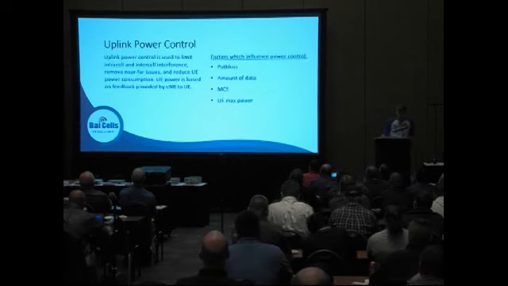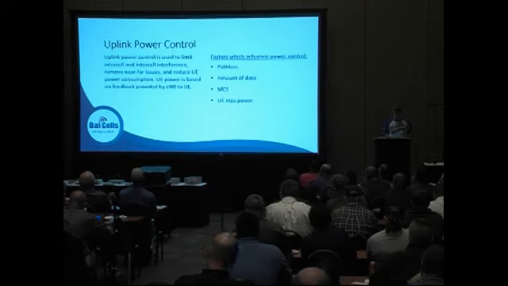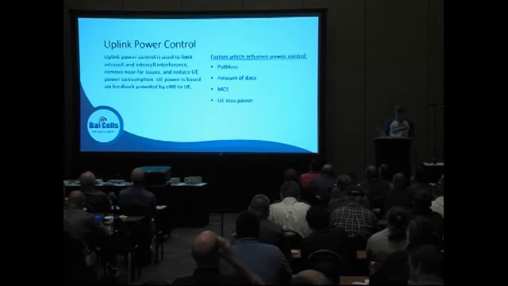Okay, one thing that's a little different too is the uplink power is actually controlled by the eNodeB. If you think of your cell phones, they want to make sure the power is always low. So if there's no traffic going across the link, you'll notice that the TX power is typically dropped down. What the eNodeB does initially is set a target SINR.